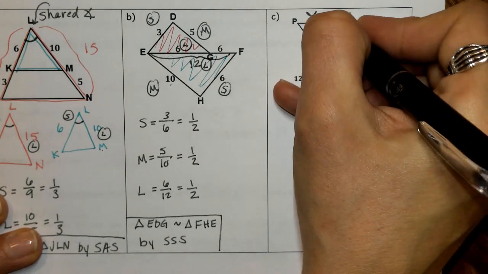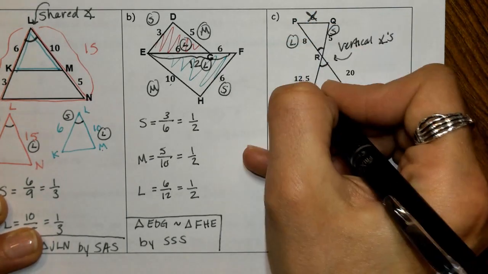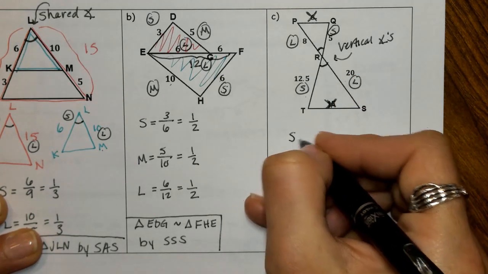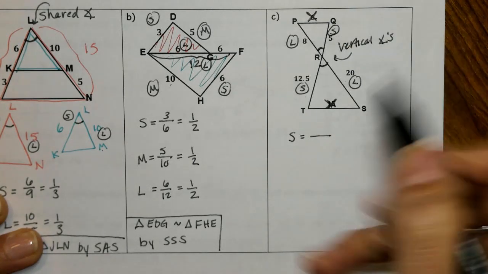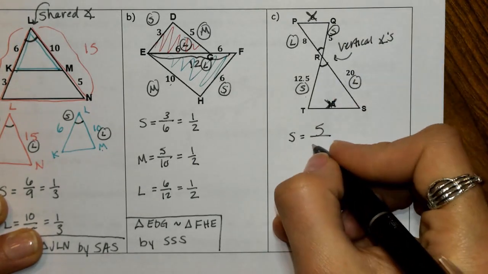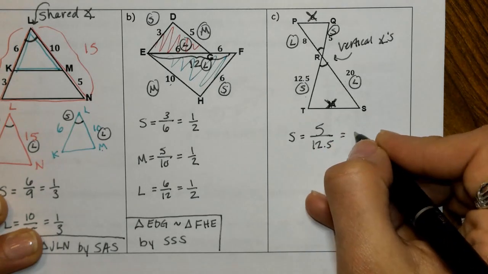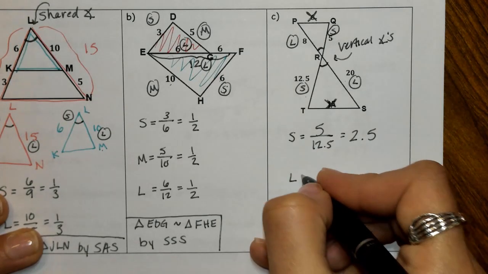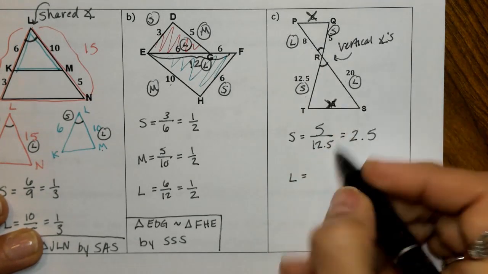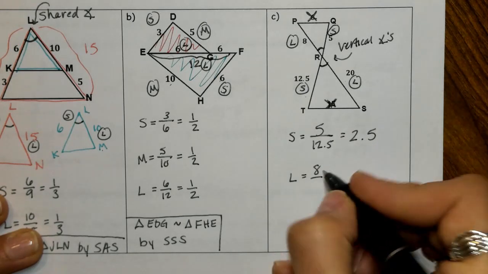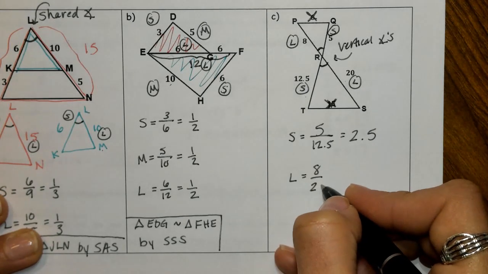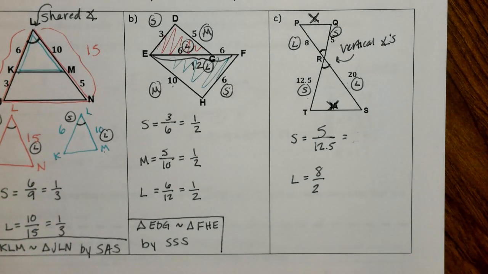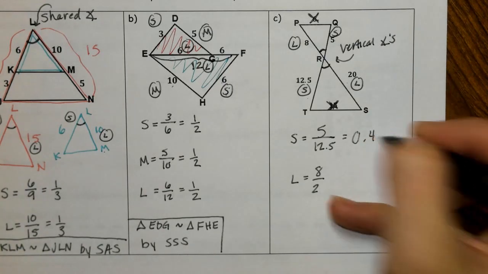So I've got my small and my large side here. I have my small and my large side here. Looking at the small sides, I'm going to use the top triangle first, 5 over 12.5. In our calculators, it's automatically going to give you a decimal. 0.4, sorry, I went the opposite direction on that one. It's going to end up being 0.4.